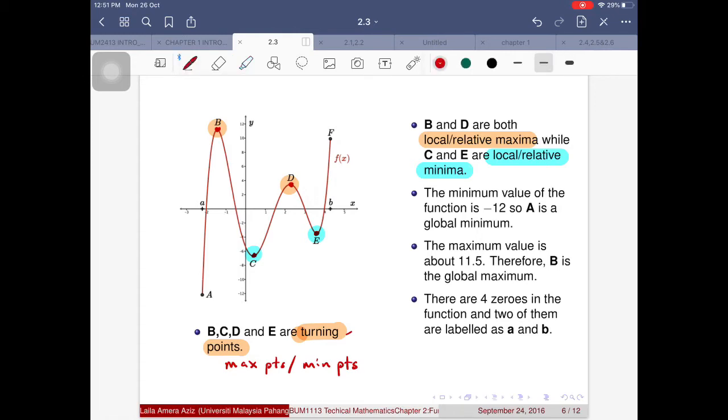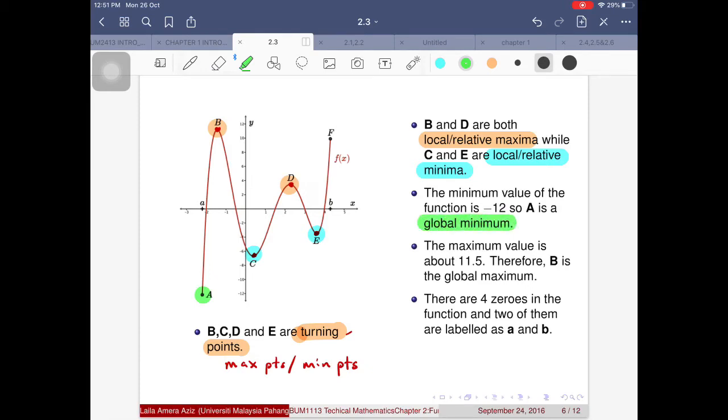Okay, so the minimum value, when I have a look at this function right here, between these two, where is going to be the lowest? The lowest is going to be at negative 12. This is actually not a turning point, but this is the lowest point here.